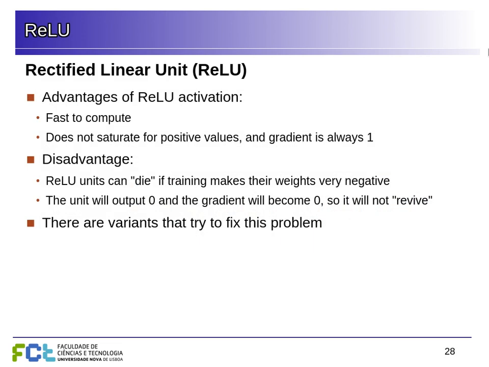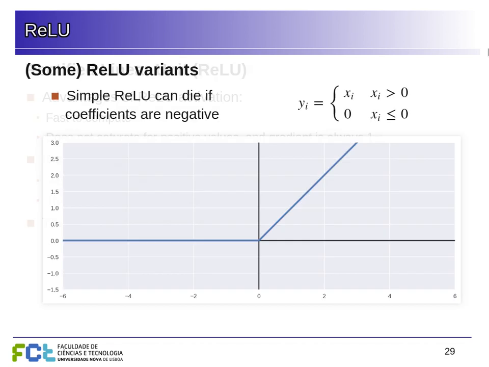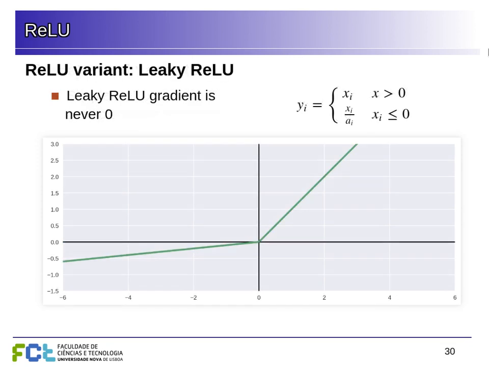This may not be so bad if you have a large network and may result in a sparser encoding there, but there are variants that fix this problem and actually work better. So now I'm going to show you a few variants of rectified linear units. This is the basic one. We can have a leaky rectified linear unit, and the leakage is there with this additional parameter that gives us some slope, a small slope in the negative part.